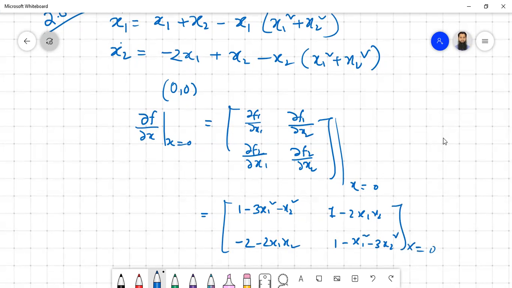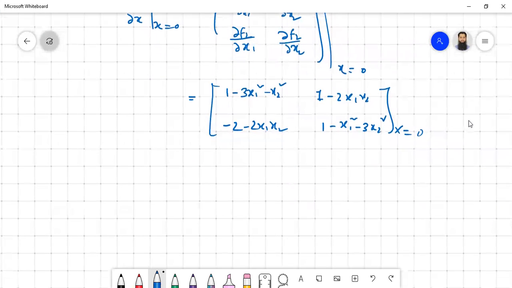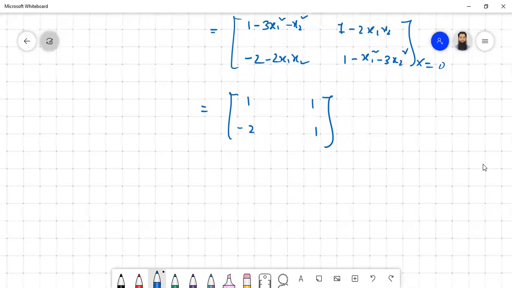Your x has to be equal to 0, that means x1 and x2 are both 0. So we are left with 1 1, minus 2 1. This is our A.